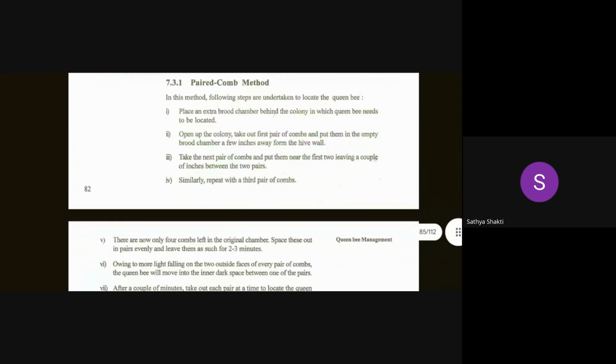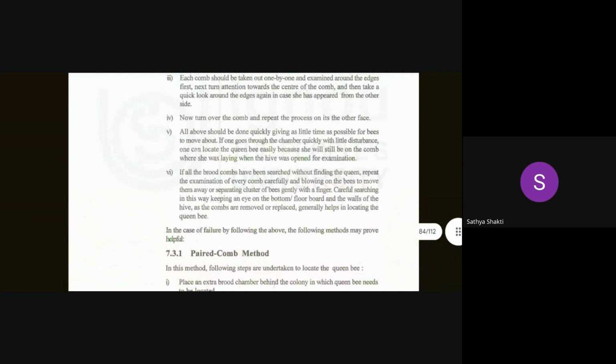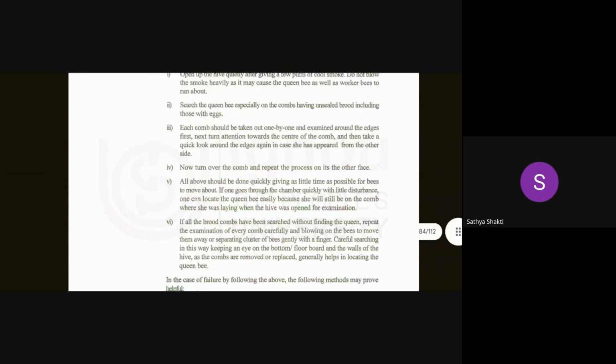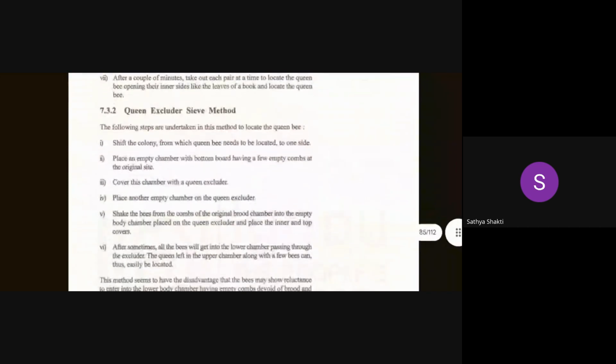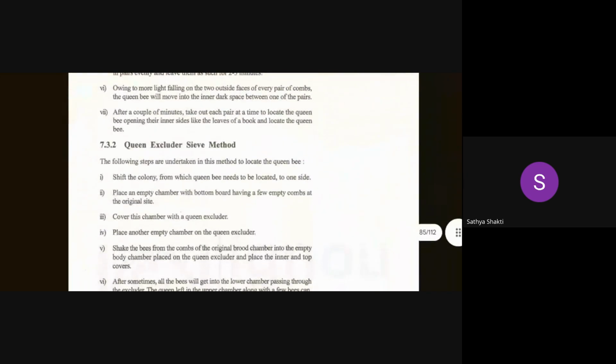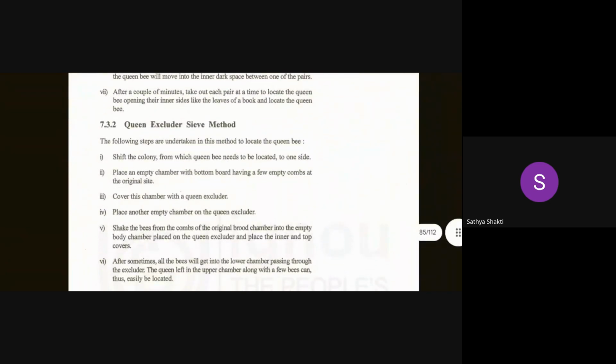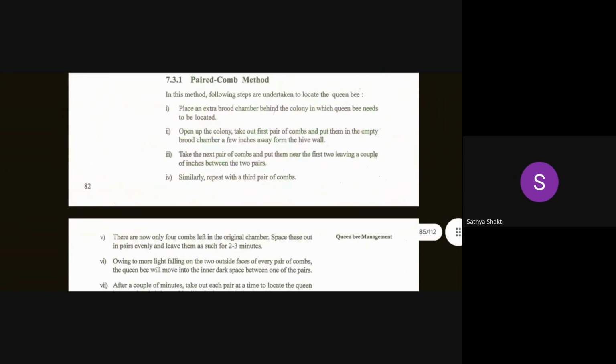Okay. In case of failure, we can separate the queen from the remaining colony members.